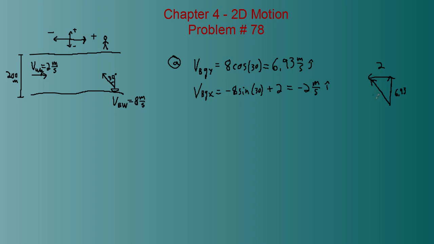And so, little Pythagorean theorem, we'll just call this V_BG. So V_BG equals the square root of 2 squared plus 6.93 squared. And that is 7.2 meters per second.